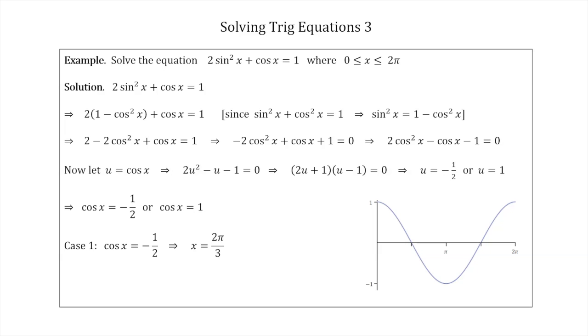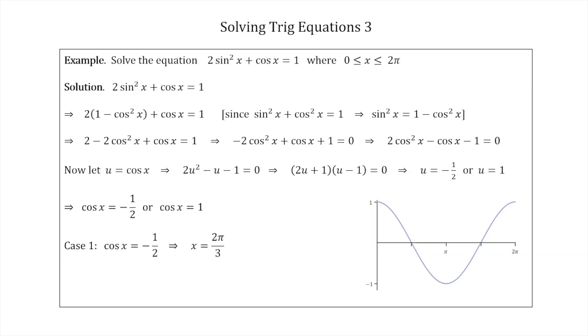Well, yes, there are. So let's just look at this cos graph. I'm not going to go into too much detail. We've done this in the previous videos, where we went into a lot of detail of how to find the solutions looking at the graph. All we need to know is that 2 pi over 3 is one solution, but cos is symmetrical about pi, so there must be another solution on the other side of pi. Now 2 pi over 3 is a third of pi less than pi, so if you add pi over 3 to 2 pi over 3 you get pi.